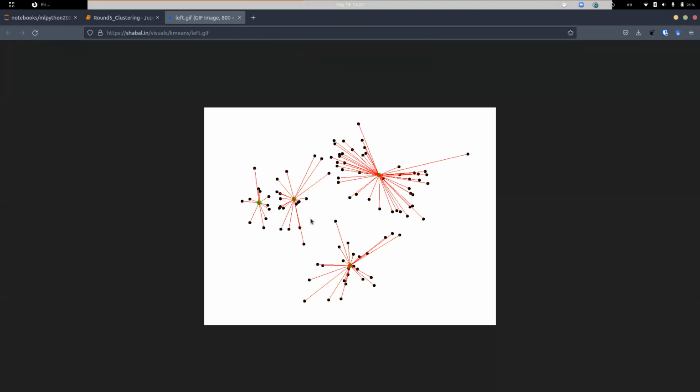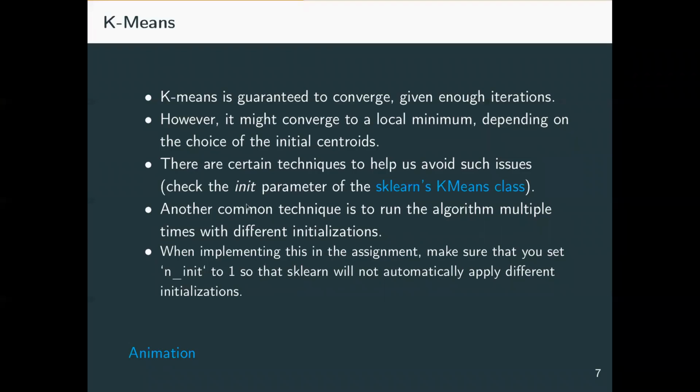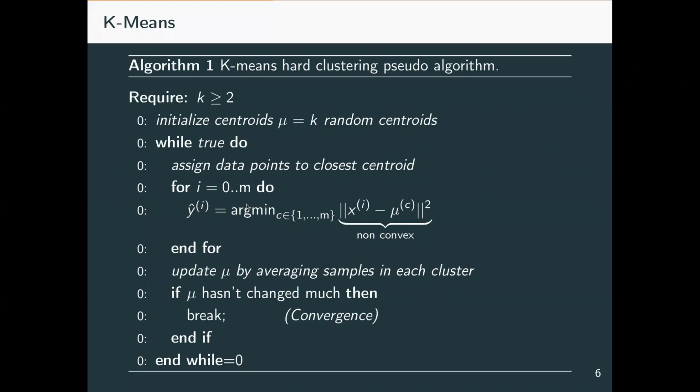If you have any questions about this, feel free to ask them. But I will go to the pseudocode, maybe it's easier this way. Here M denotes these four data points we saw before, and while we haven't reached convergence, so while true, we assign the data points to the closest centroid.